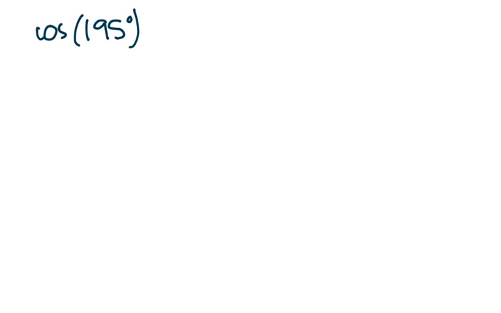But with a little bit of a look back at what we did last time, maybe if I can write 195 degrees as a sum of two easier angles, I can use that sum angle identity to help me out of this jam. So, what are two angles that we're more familiar with that add up to 195? Last time we added 30 and 45 degrees, and we got 75 degrees.